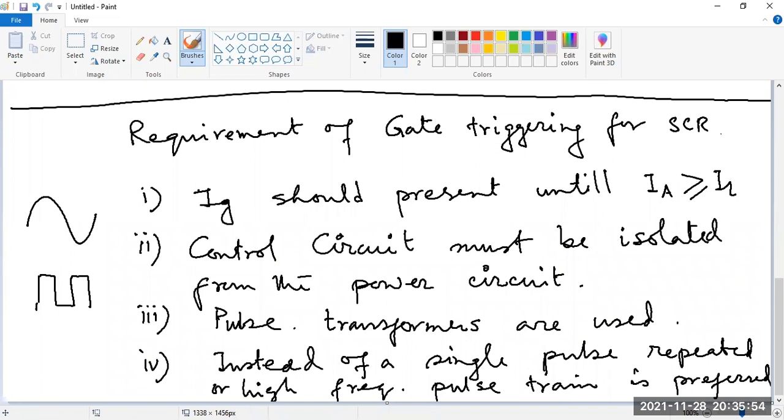These are the major requirements for the gate triggering circuit. When we design a gate triggering circuit, we have to consider these things. Let me close this board because no space is there. Just a minute.